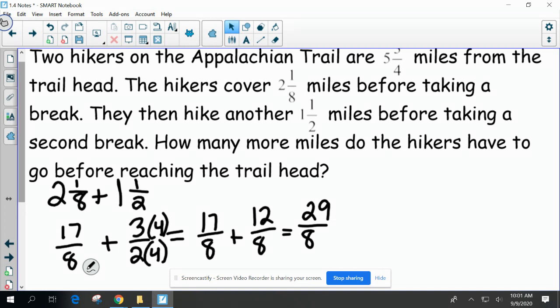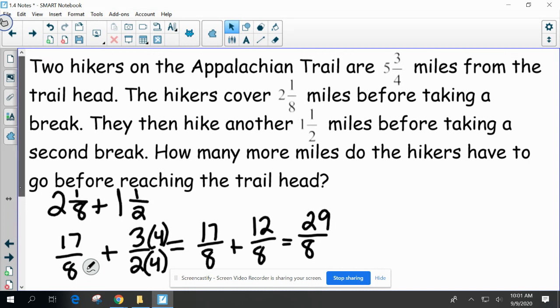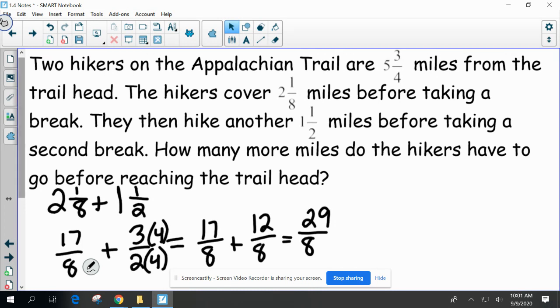Okay, so the trailhead is 5 3/4 miles. So I need to figure out how much I have left. What would I do with those numbers? Turn 5 3/4 into an improper fraction first. So that would be 23/4. And then what do I do with that? I'm going to have to take a times 2 to get a common denominator. So I'm going to subtract 29/8. My common denominator would be 8 again.